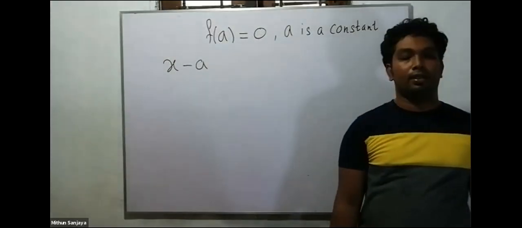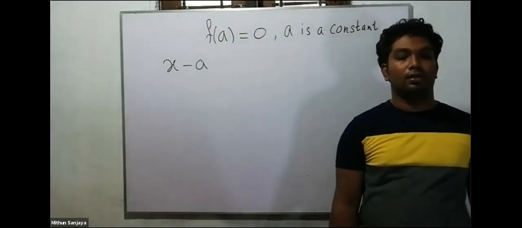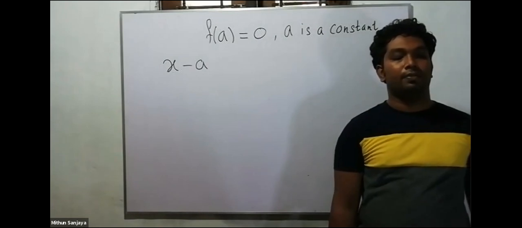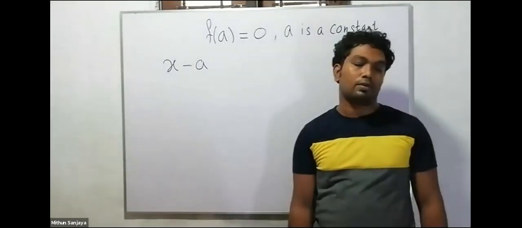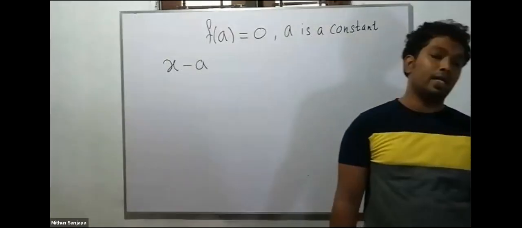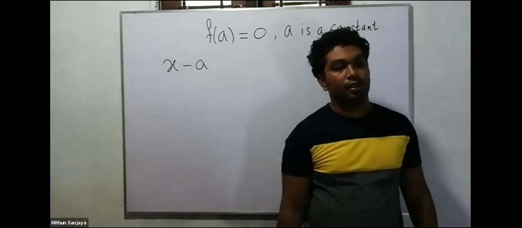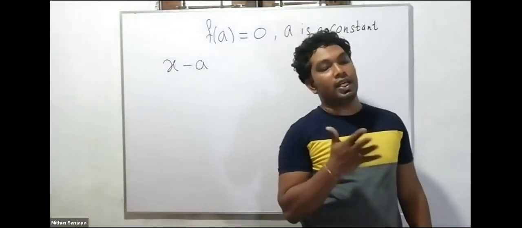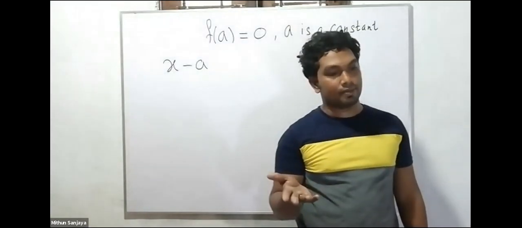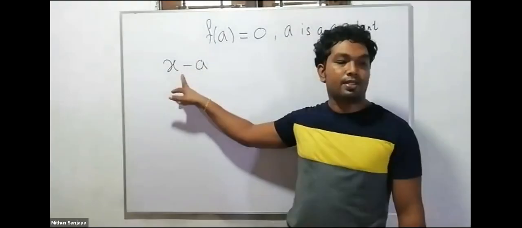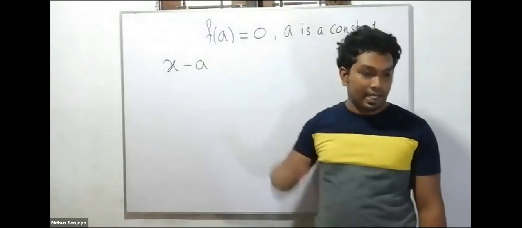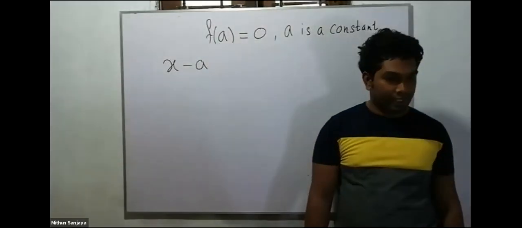By the previous theorem, f(a) is the remainder when f(x) is divided by x minus a.